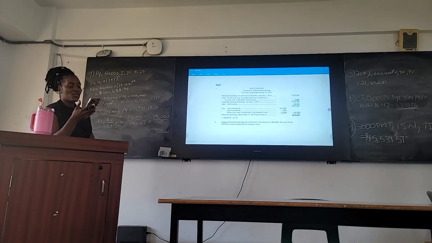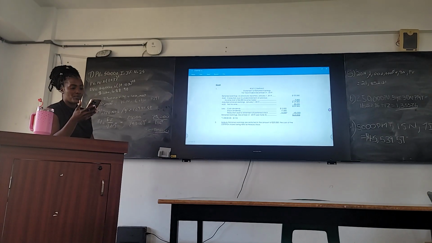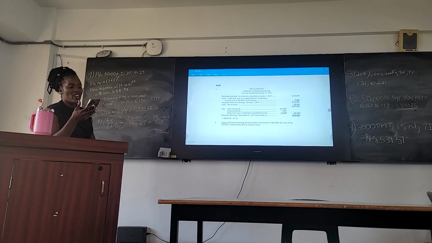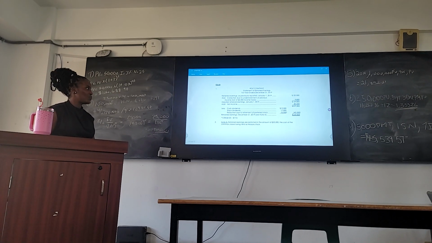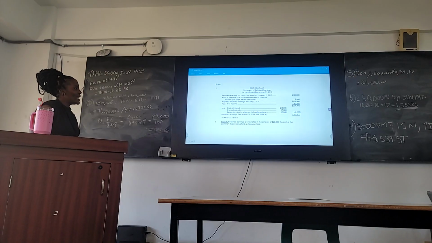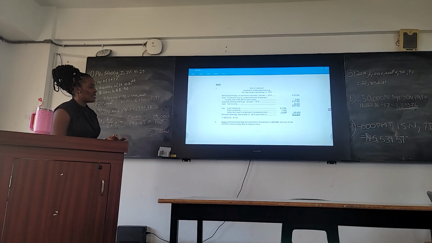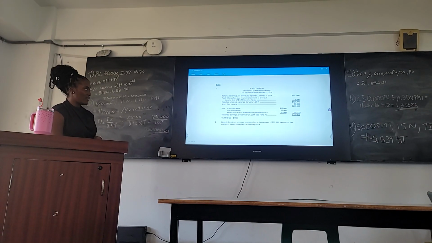So here we have to make a prior period adjustment. This error correction increased retained earnings by 9,800 after the related tax of 42. So the correction will increase retained earnings, which is 9,800. So that 9,800 is added.